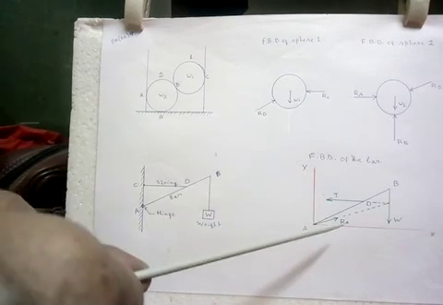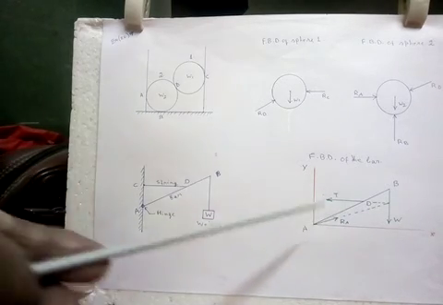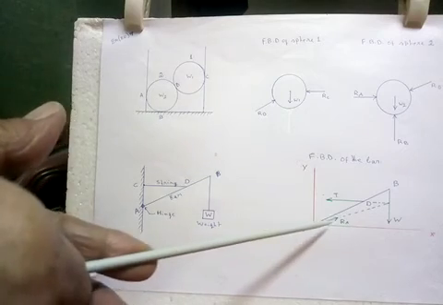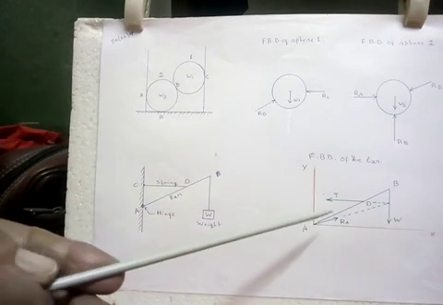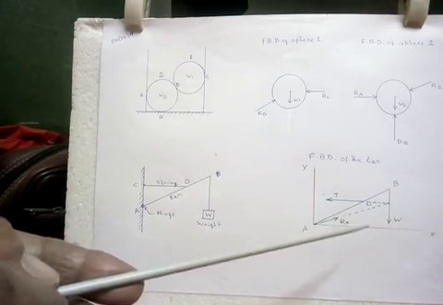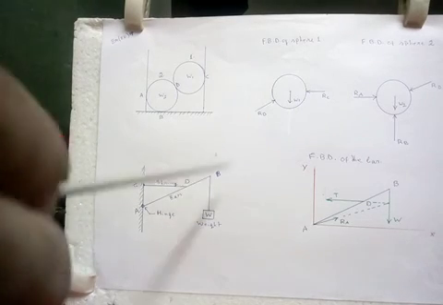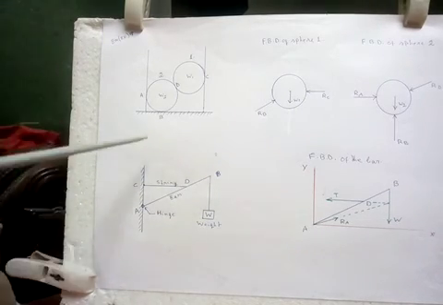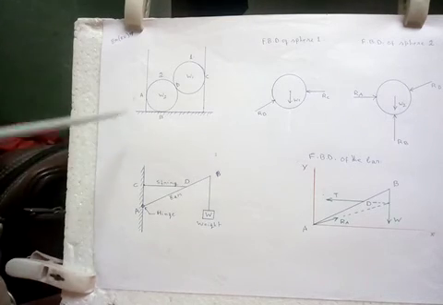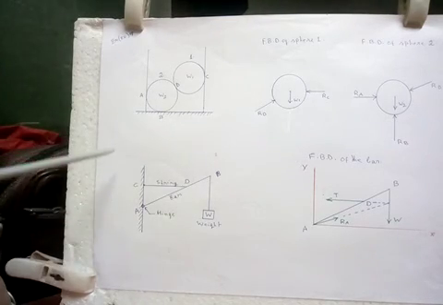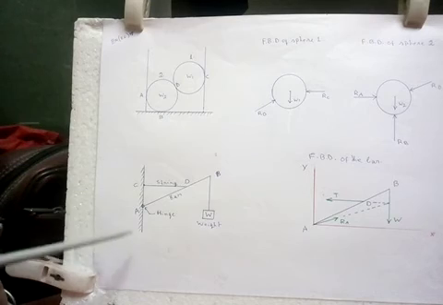Let me draw that, reactive force RA, but the direction of RA will be what? Now you see, since this is in equilibrium condition and the three forces are acting on this, these three forces must meet at a point.